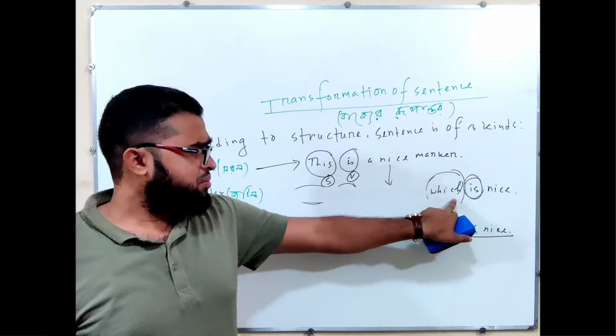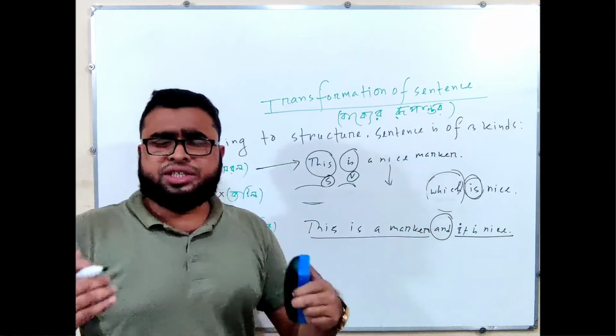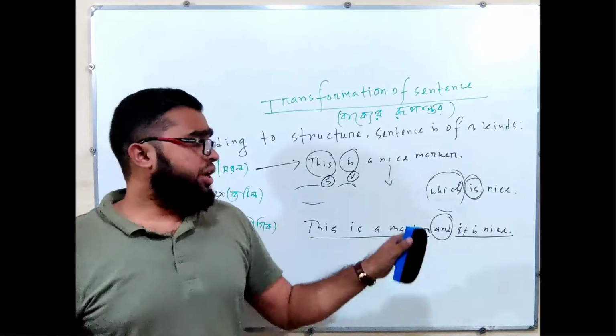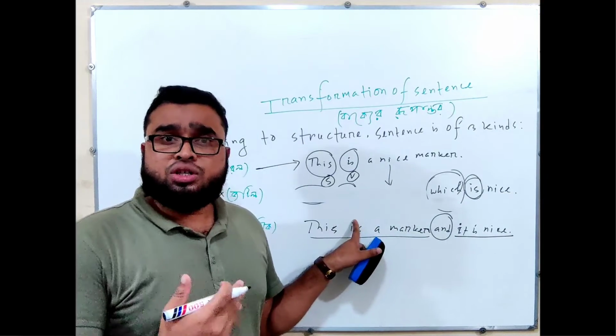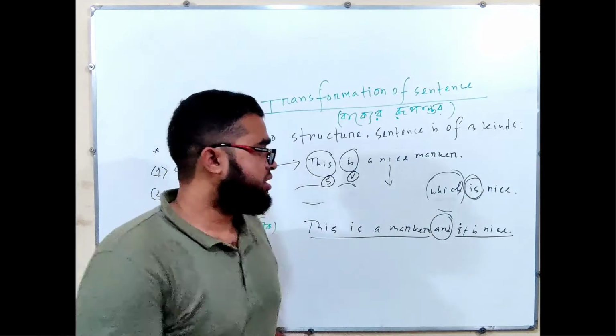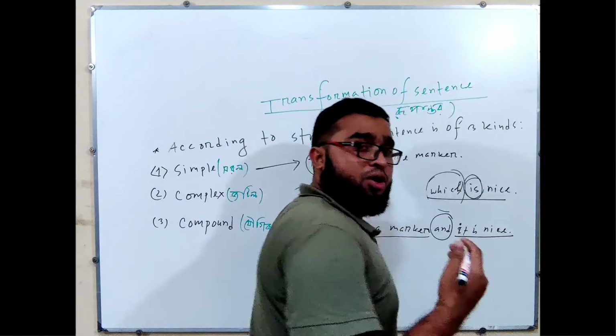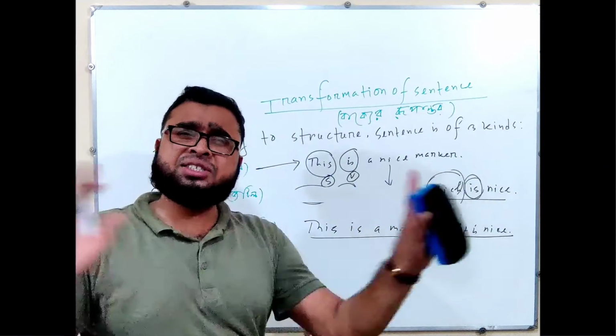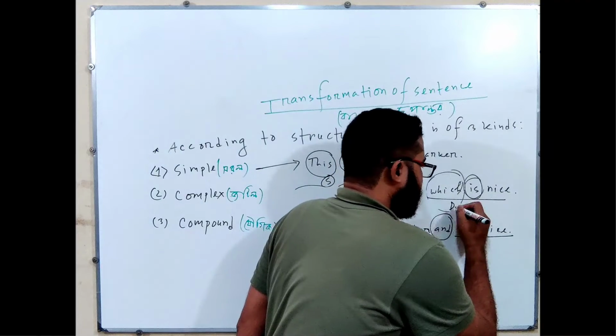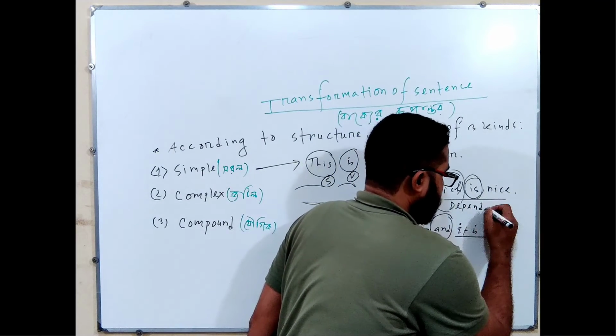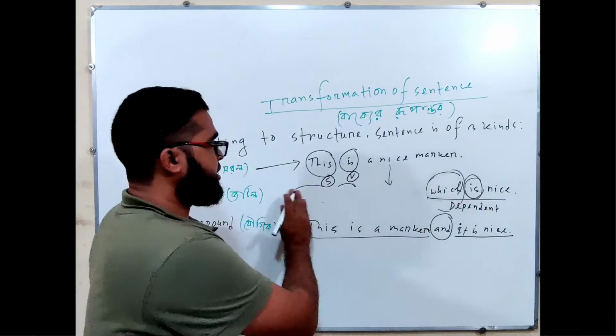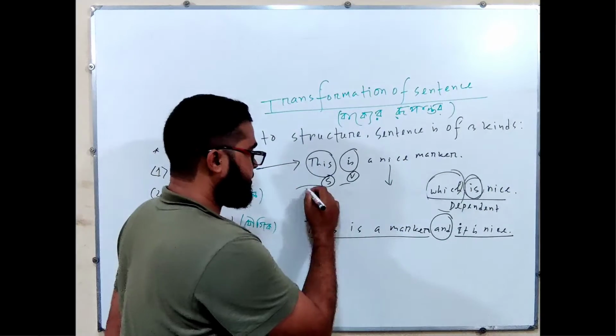That means complex sentence contains two clauses. One is dependent clause, another is independent clause. I will make you understand everything crystal clear. This is dependent clause, and this is a marker.